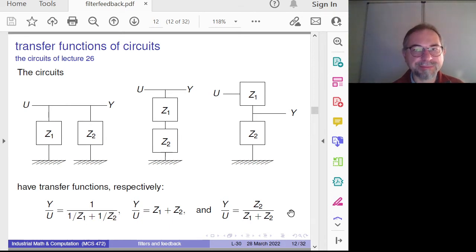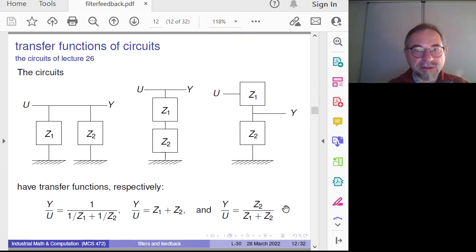The capital letters Z can be complicated circuits themselves, so we can make new transfer functions. Here the transfer functions are written as y over u, which follows from the terminology that we introduced with the transfer function, the capital H.